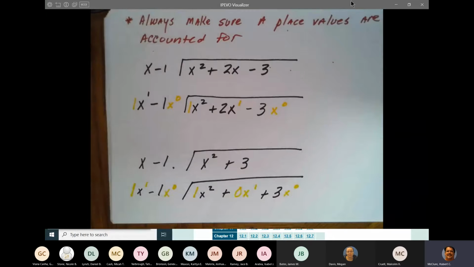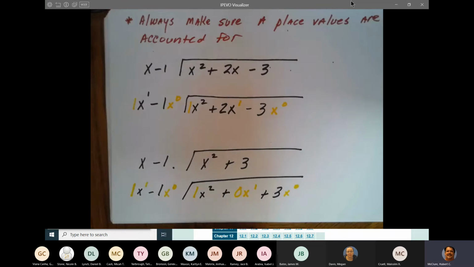Now everything's accounted for. So you've got to either put a blank here or you've got to put a 0 term here. That is place value. You cannot do long division without accounting for a space.